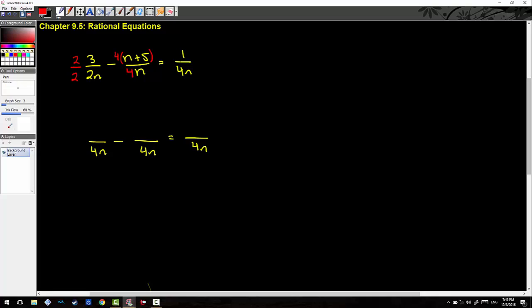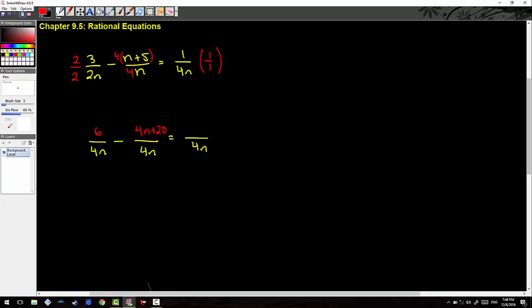And what is the right side missing? It's not missing anything, so if I had to multiply by something, I'd multiply it by 1. What does the new top of the left become? It becomes 6. The new top of this becomes, now careful, I still left this as a minus, so I'm just going to call it 4n plus 20. I kept this positive because I have not yet applied my negative.